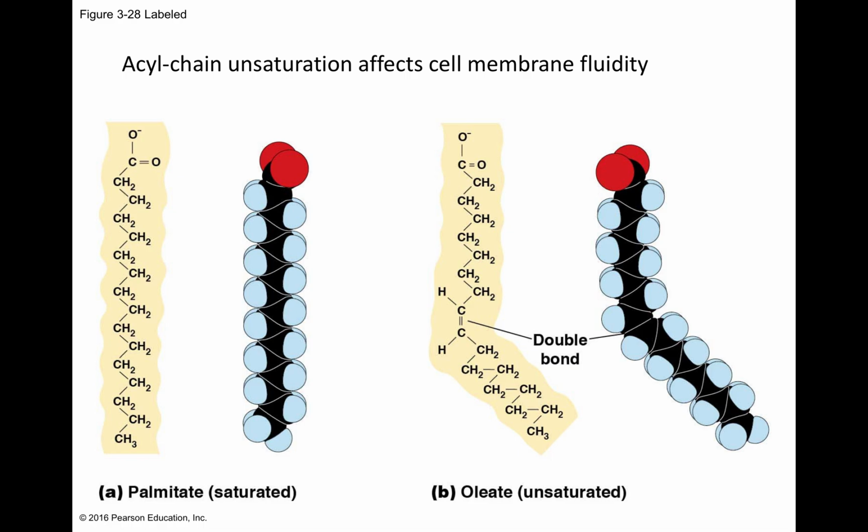There's the 4 bonds. If you repeat that structure, you end up with a pretty straight chain like this. But in the middle of your chain, if you have a double bond between 2 carbons, now the carbons that fall off of that are coming off at an angle. It puts a kink in the chain, and this affects membrane fluidity.